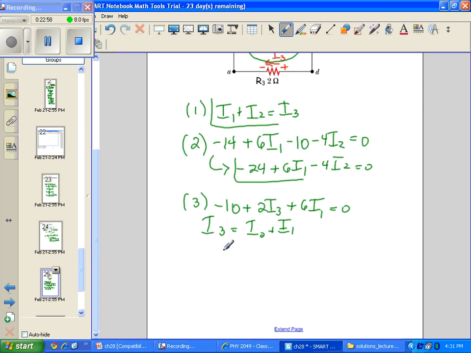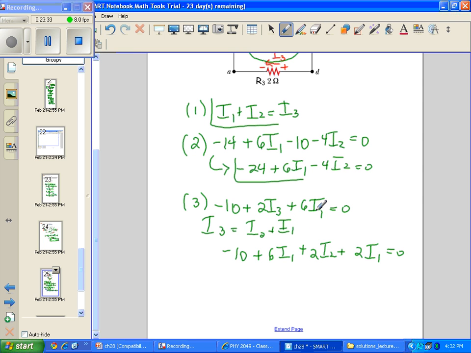So let's proceed. Minus 10 plus 6I1, I'm just rewriting my I1, plus 2I2 plus 2I1 equals 0. Because for my I3, I distributed the 2 times I2 plus 2 times I1.